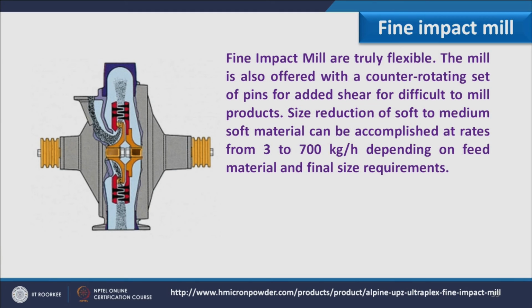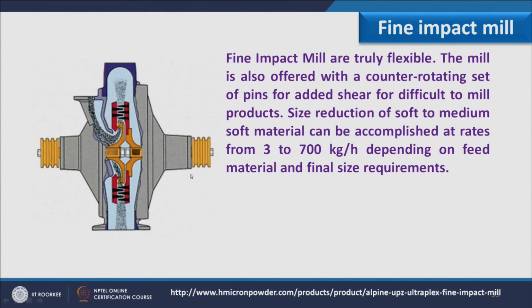Size reduction of soft to medium soft material can be accomplished at rates of 3 to 700 kg per hour depending upon feed material and final size requirement. So, this is the image of fine impact mill, and about this you can read at this link in detail.